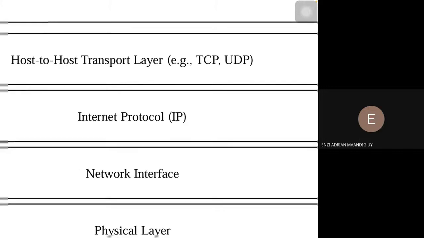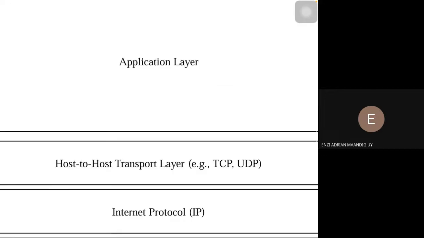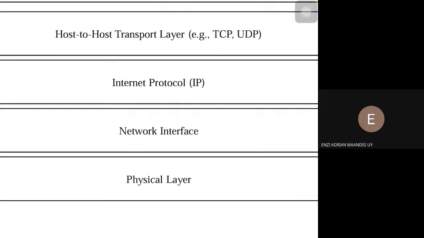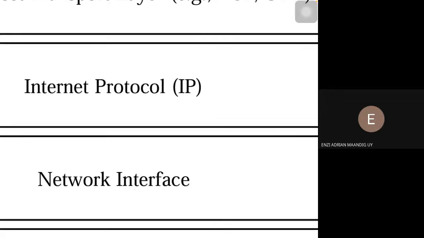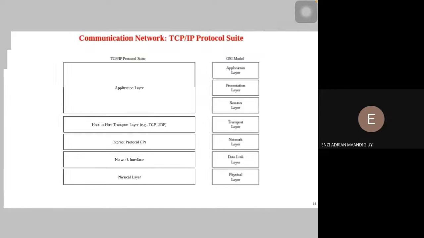Transmission Control Protocol or UDP, the User Datagram Protocol, I think. Don't worry if you don't take note. It encapsulates the data after the software with a TCP or UDP header. Then the Internet Protocol layer encapsulates the IP address, the IP encapsulation. And then we have the network interface and the physical layer.